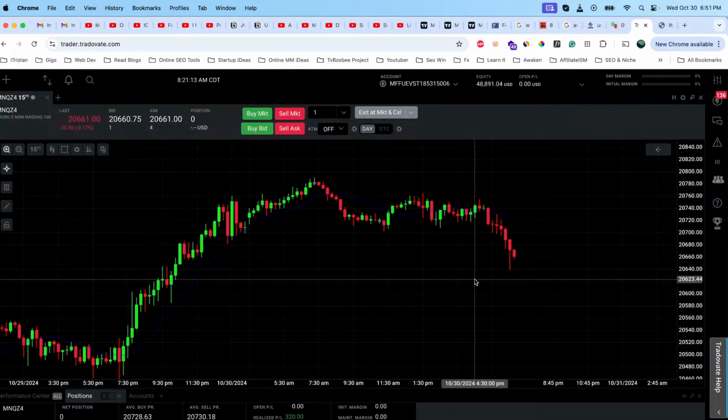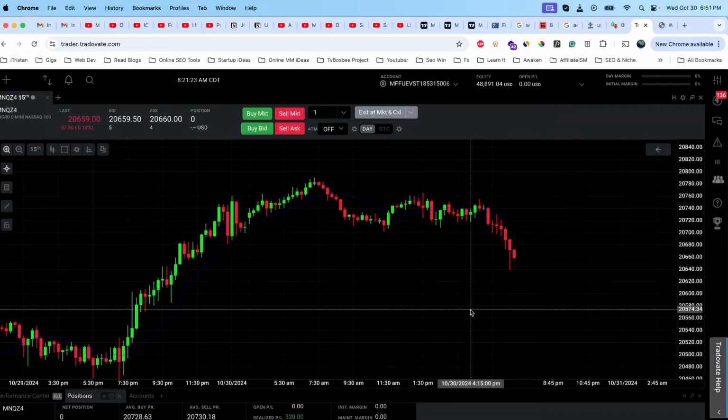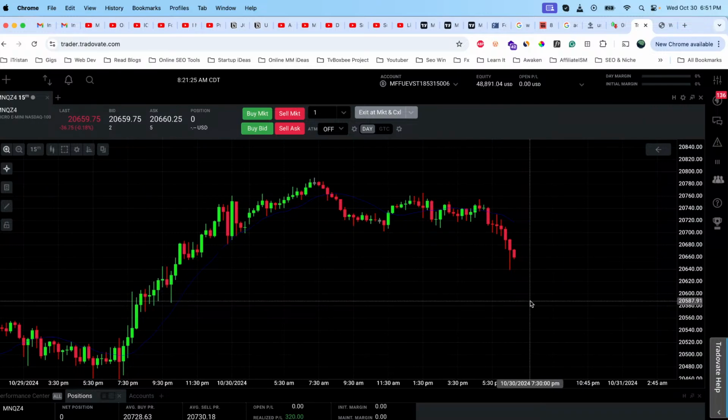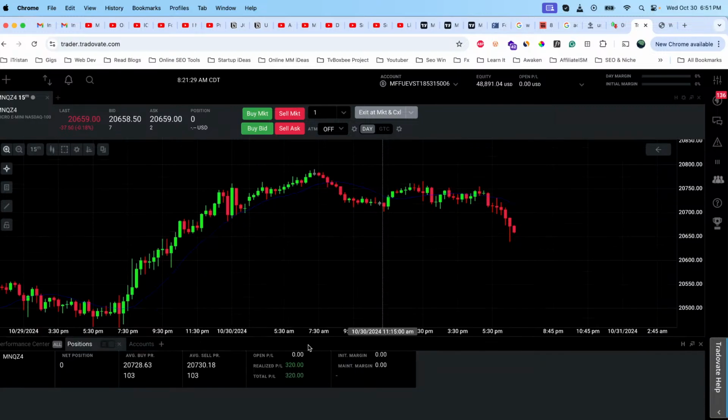So you have very high lot sizes available on Apex, and you can just trade them and get out of the eval as soon as possible. But here you have to have patience, which doesn't come easy.